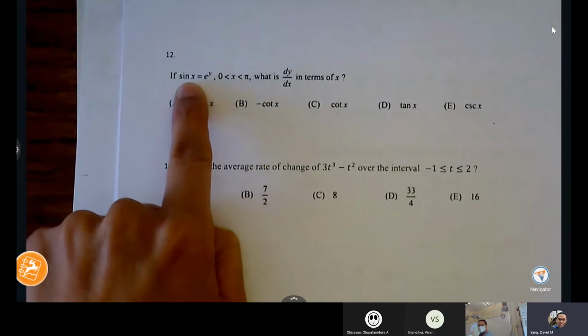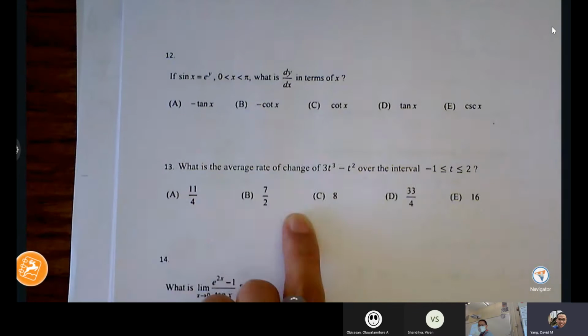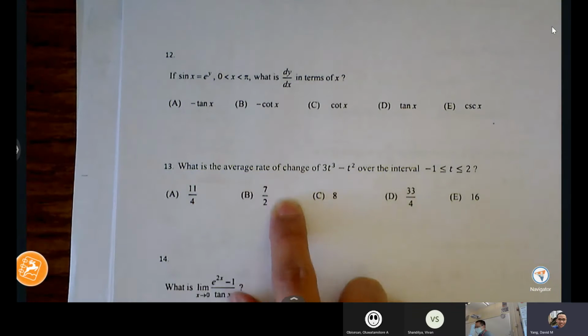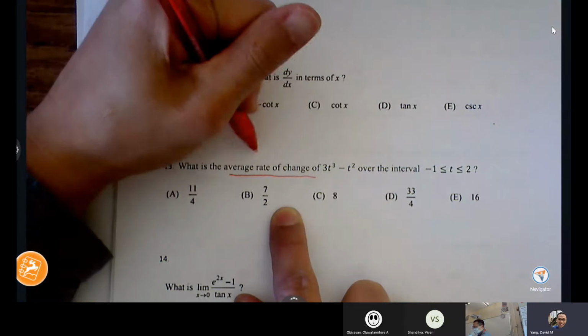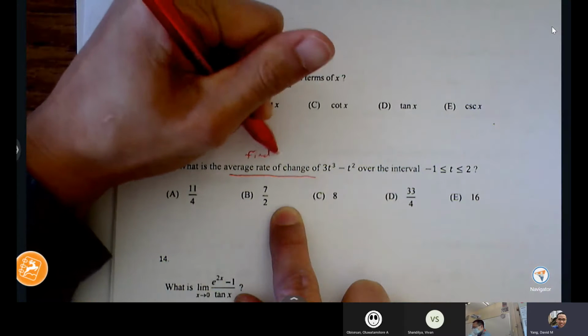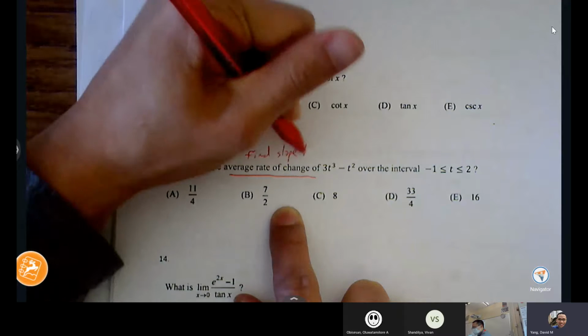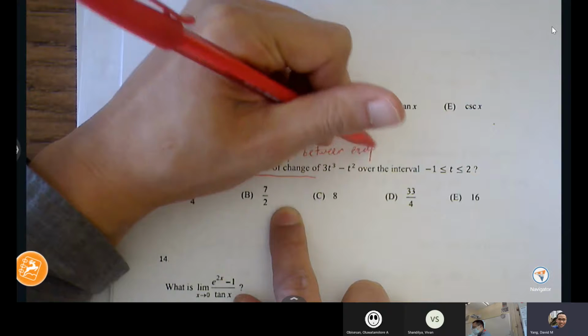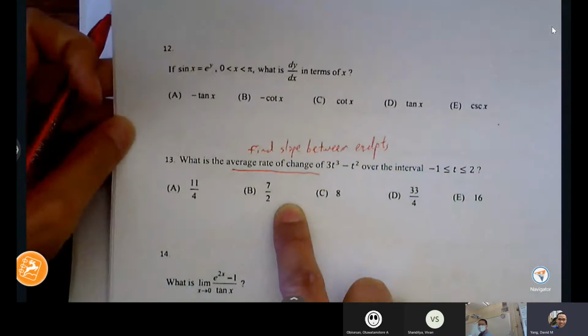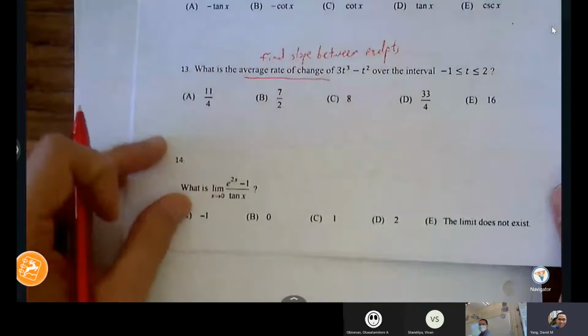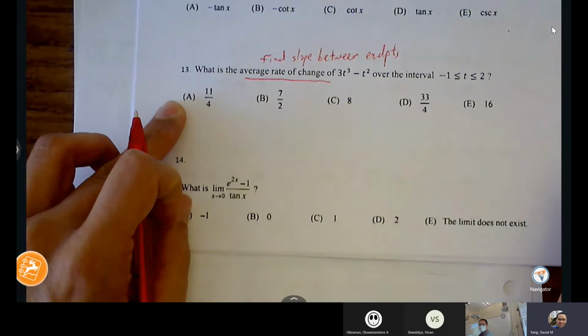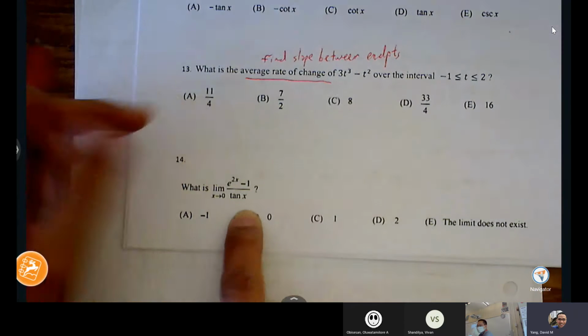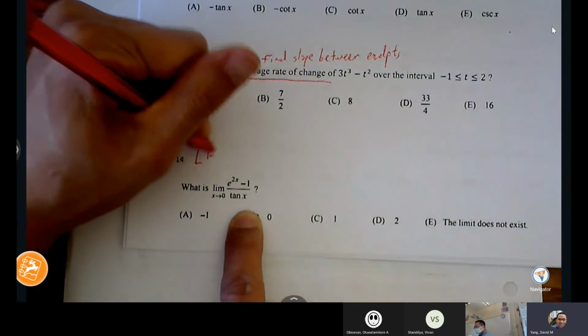Okay, take a look at 12. 12 is implicit. 13, average rate of change. All this means is just find the slope. That's all it is. Find the slope between the endpoints. 14 is another L'Hopital's rule problem.